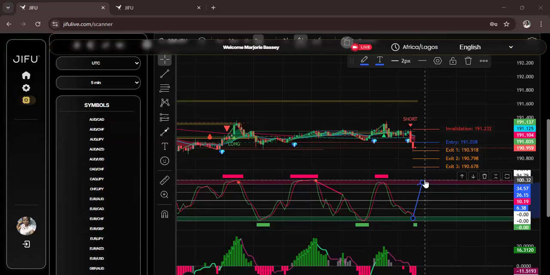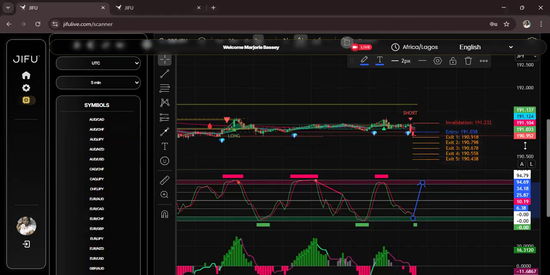But if it doesn't pull back up, then just allow it. I'm a disciplined trader, so I won't be the one to tell you to jump in when the trade is almost at TP1. So let's be guided.